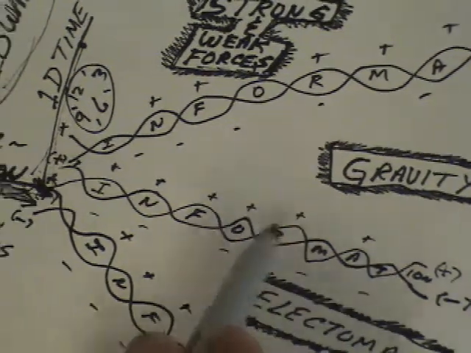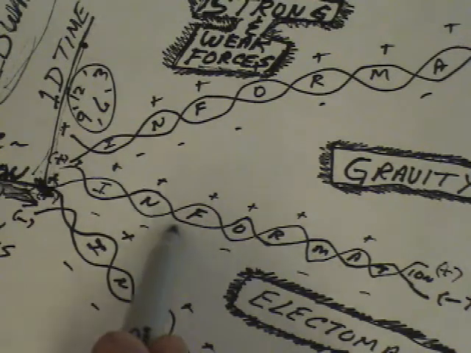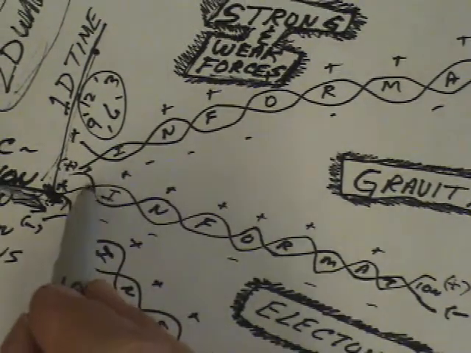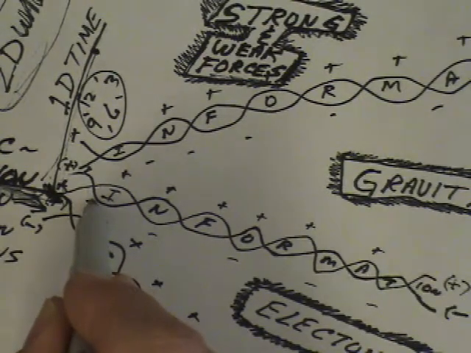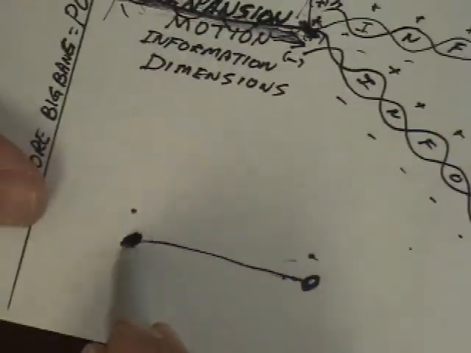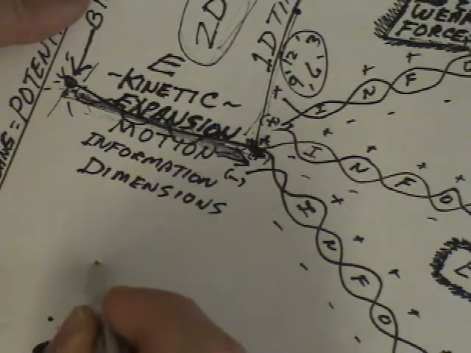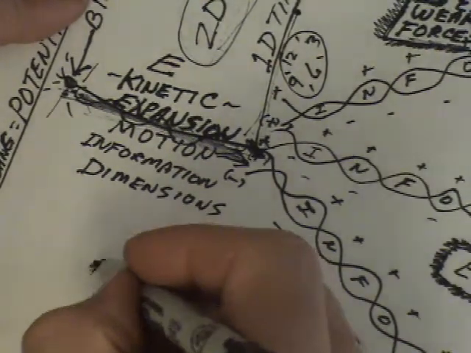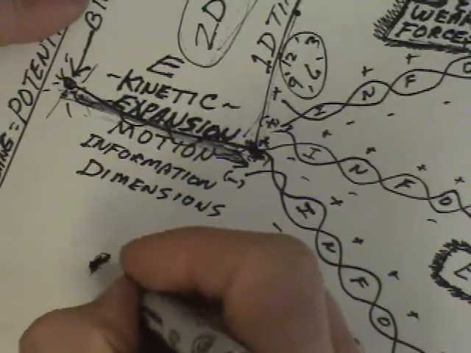And remember, the only reason you could have information here is because at that one point, remember, the single point right here, let's say right here, that is information. It could be anything you want. That's a single point.